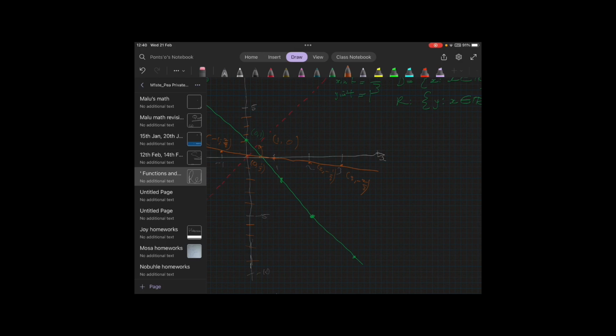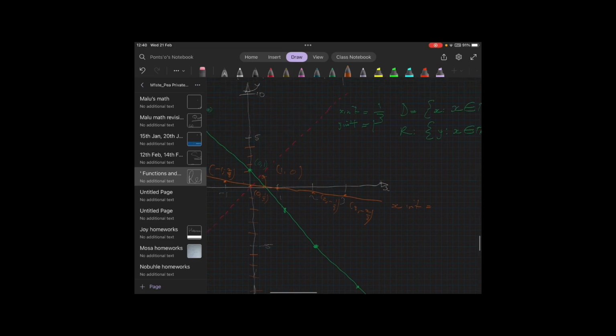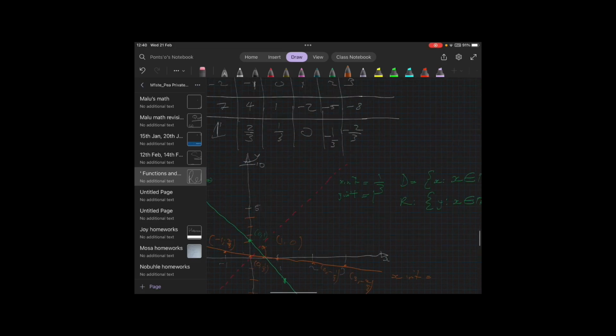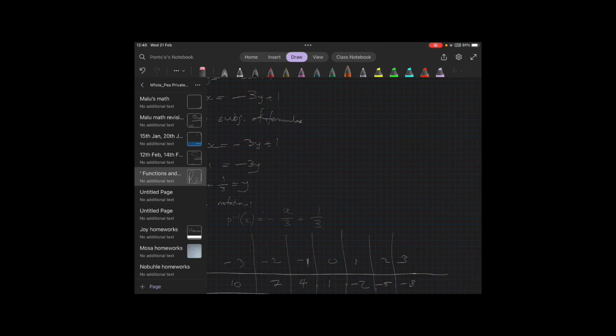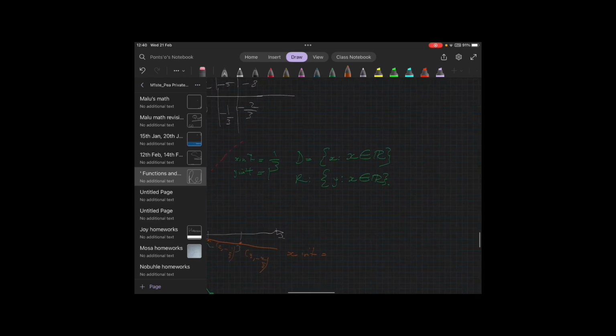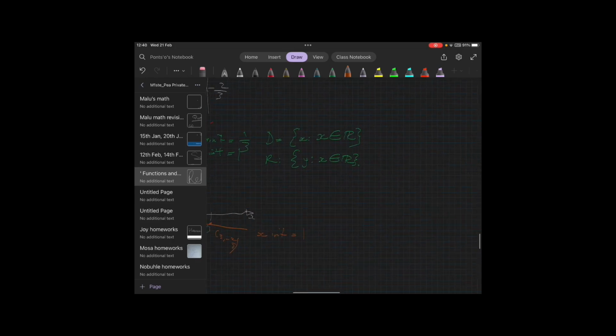Can we do similar for the orange graph? Yes. Okay, so the x-intercept would be where y is 0, where that is 0, x over 3 equals 1/3, so x is 1.